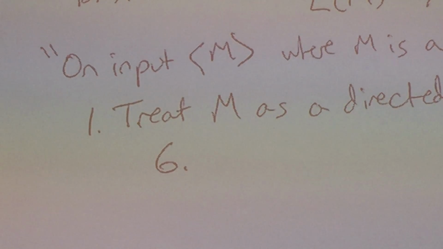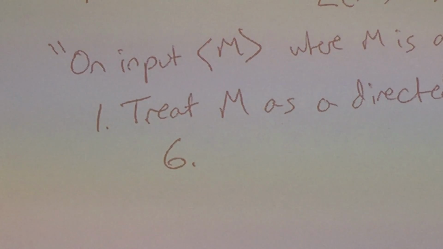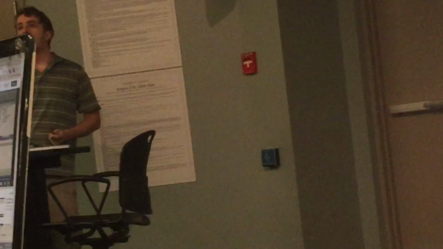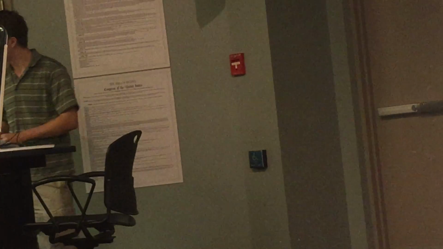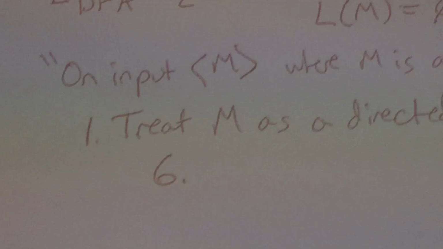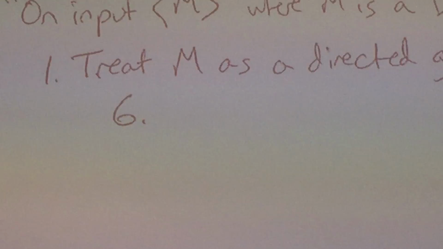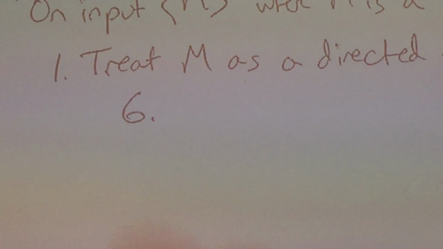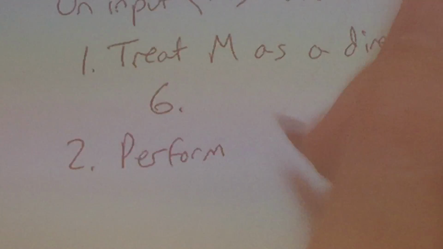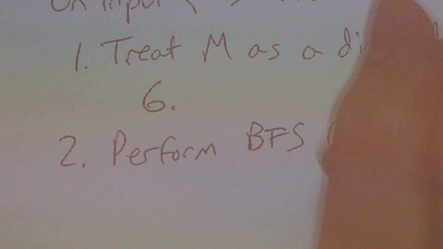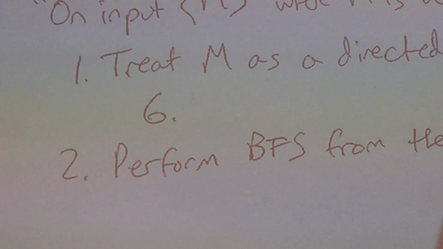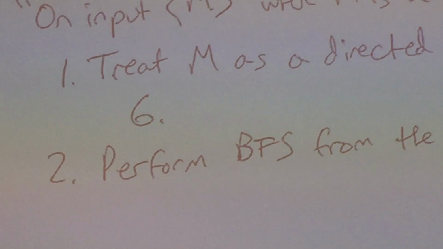And so how would we be able to convert a DFA to a directed graph? Just treat every single state as a vertex in the graph, and every single transition, no matter what it has on the transition, as a directed edge between two vertices. So now we have a directed graph, and then the idea is just do breadth first search from the start state. So perform breadth first search from the start state of M.